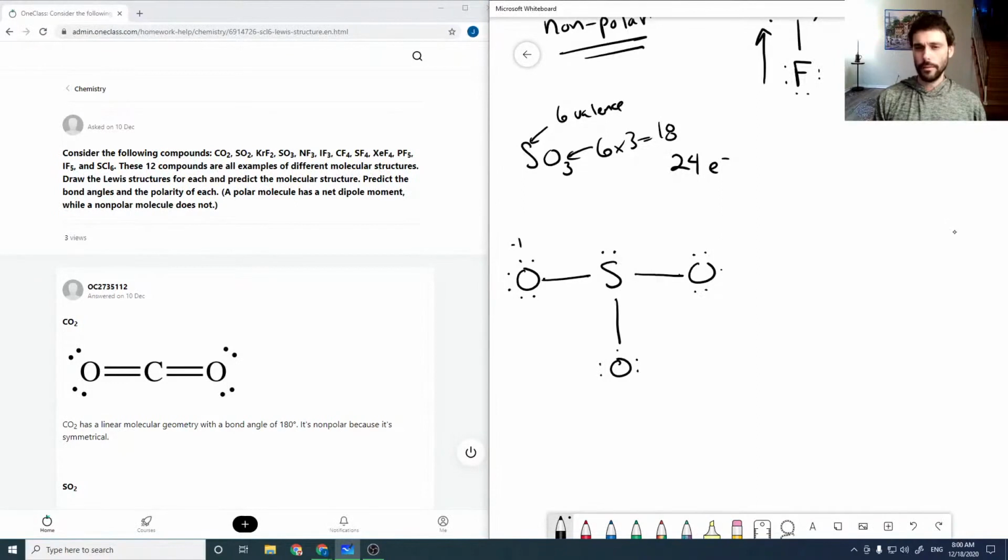So that guy would have a -1 charge, which means the only way that we're going to be able to make this happy is for this to actually form a double bond here and here with these guys.